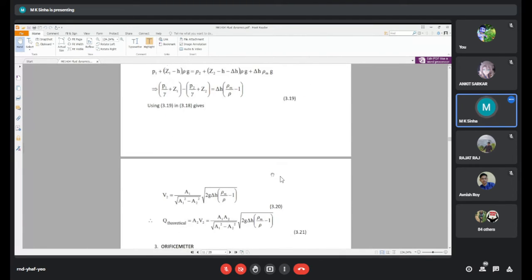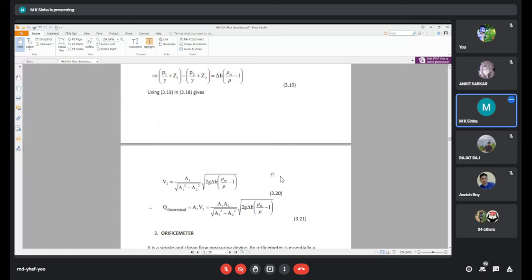And this will give you V2, and from V2 we can find the discharge Q. Always remember, this is not the actual discharge. Some losses also take place.